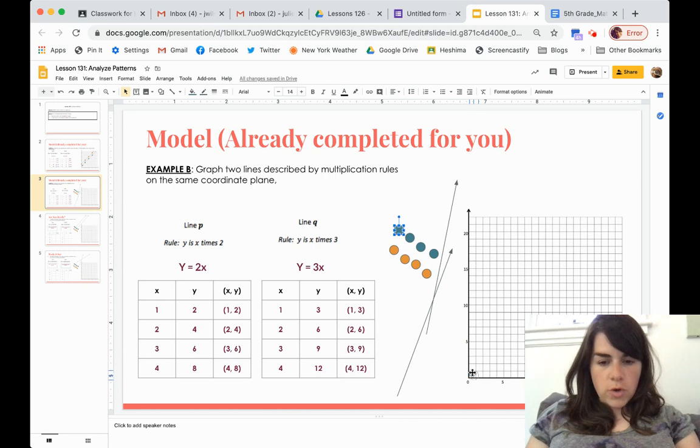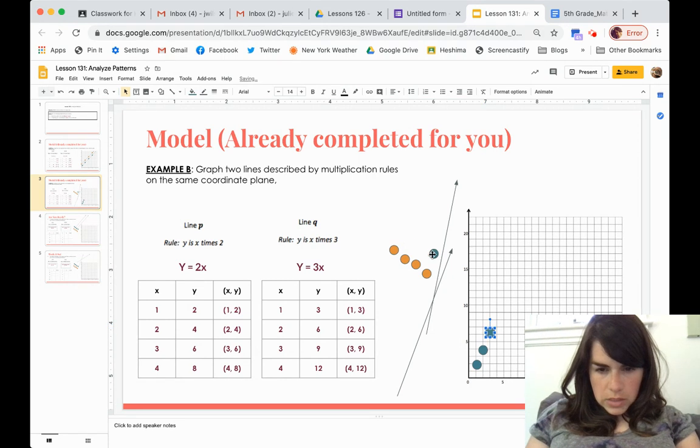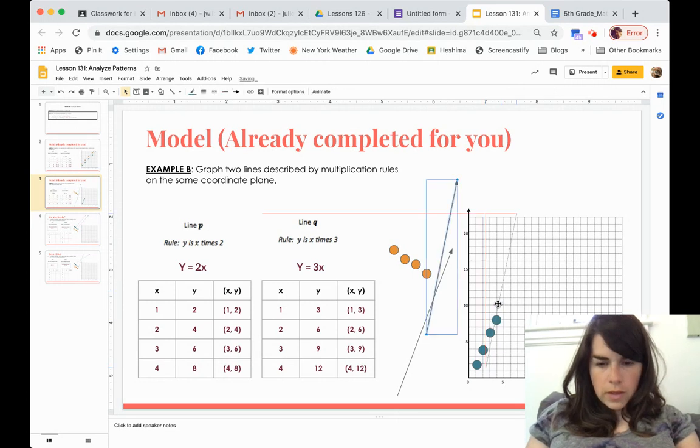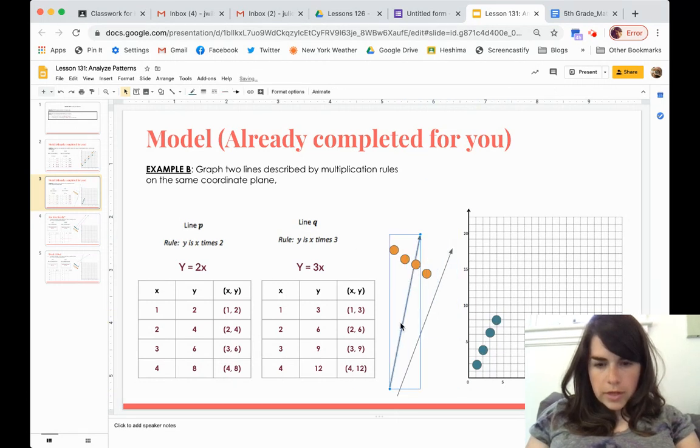So the first set of coordinates is 1, 2. Then we go to 2, 4. Then we go to over 3, up 6. And over 4, up 8. So I'm going to put my line through it.